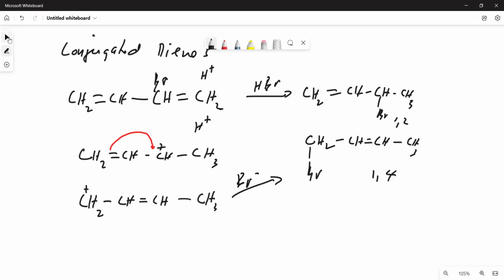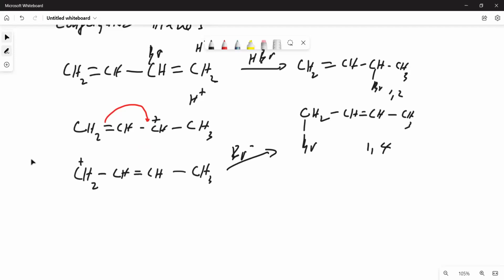Okay? Now, for this type of reaction, the question is, which one is the major product? Is it the 1,2 or the 1,4? In organic reactions class, a reaction can be controlled by kinetic conditions or by thermodynamic conditions.